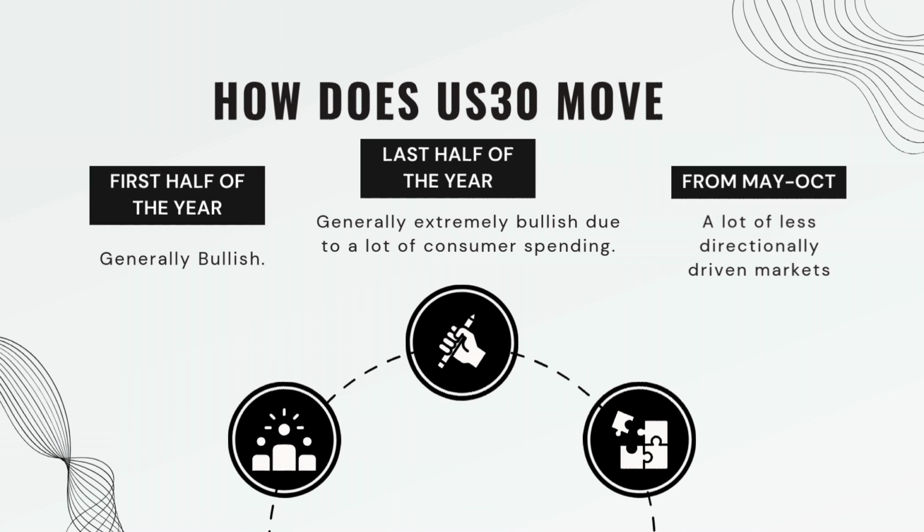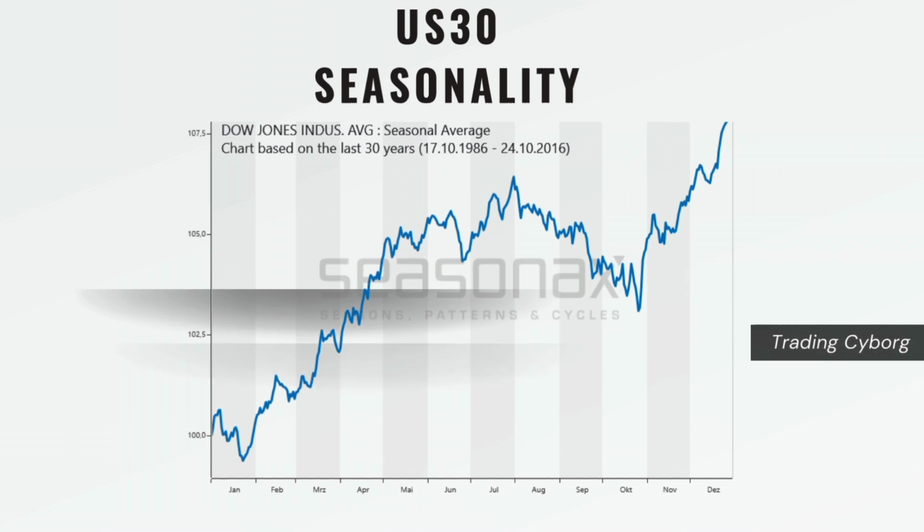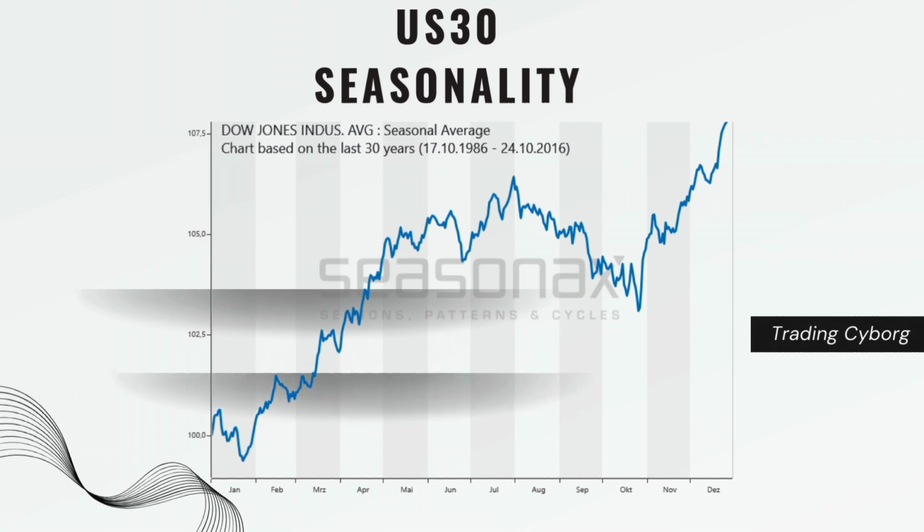However, from May to October, so May, June, July, August, September, we see a lot of the less directionally driven markets. So there will be a lot of less volatility. There will be a lot of consolidations, and we are about to break that down in individual months.